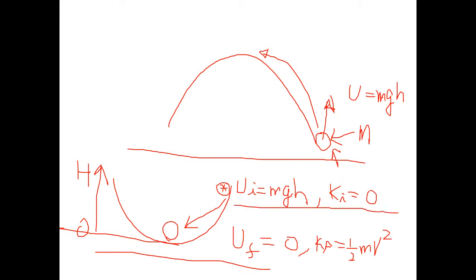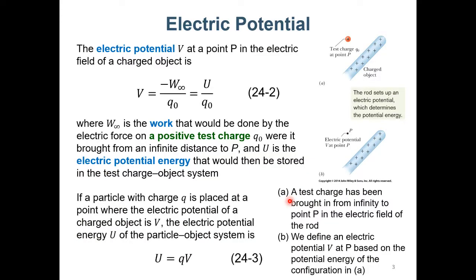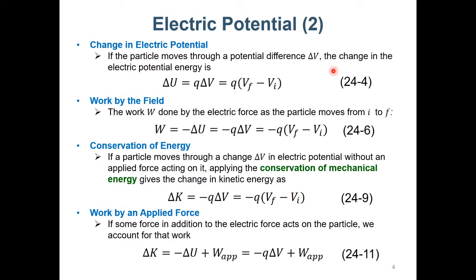If there is no loss, because practically if this ball rolls down, it will have some friction force with this surface, so it will roll back and forth until it stops here. But if there is no friction in this process, the mechanical energy is conserved. And so we come back to here.